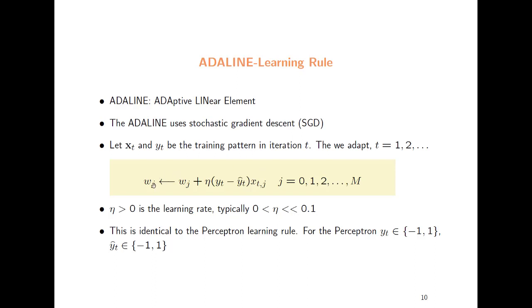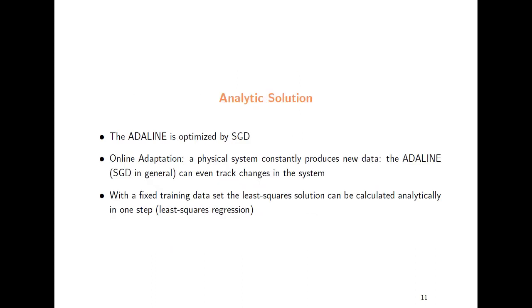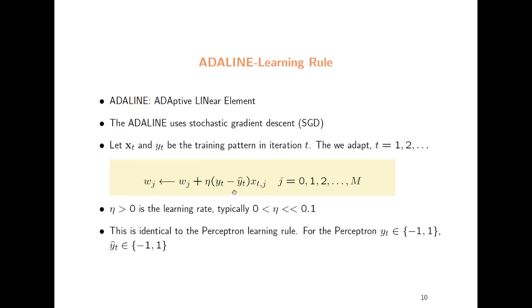But now you also see something which looks like Hebb's rule in some sense. It also generated a lot of excitement, and was invented around the time when the perceptron learning rule was invented. So the Adaline is optimized by stochastic gradient descent. I use this index t also because it can be time.